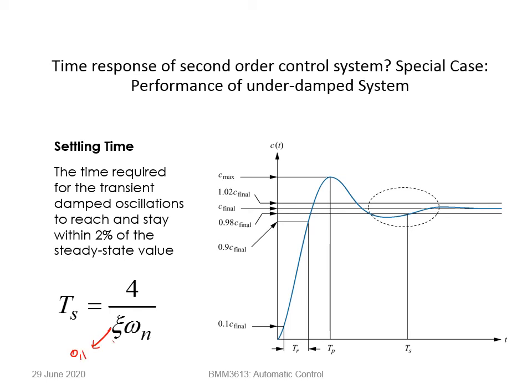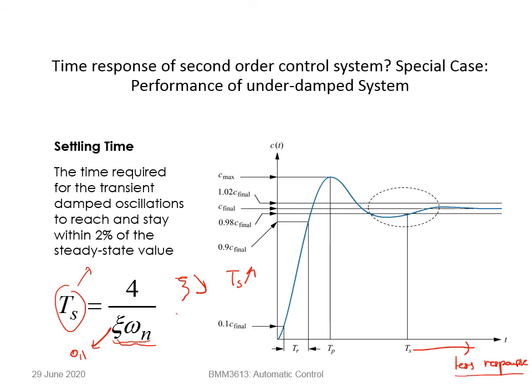It means this denominator will be at the lowest possible value, which means Ts will be high. If your damping ratio is low, Ts will be high. What does Ts high mean? Ts will move further to the right-hand side. It means the system is less responsive, so you get the final value with a lot of delay.